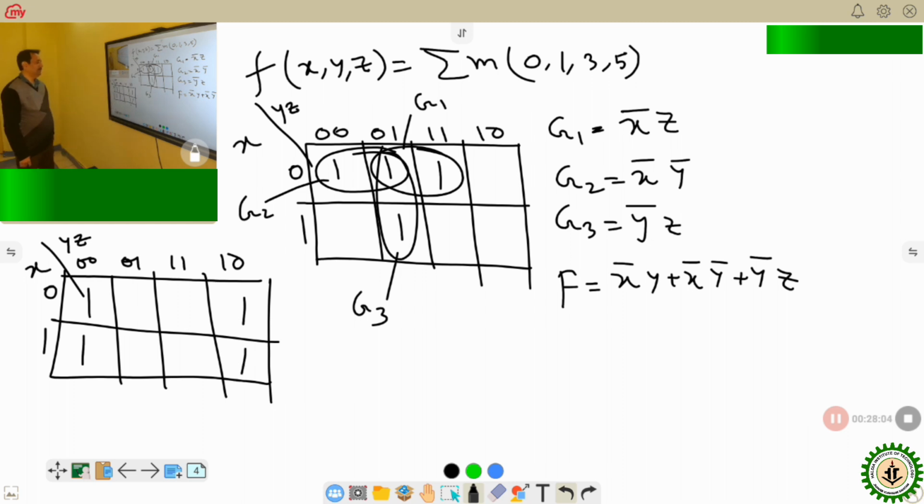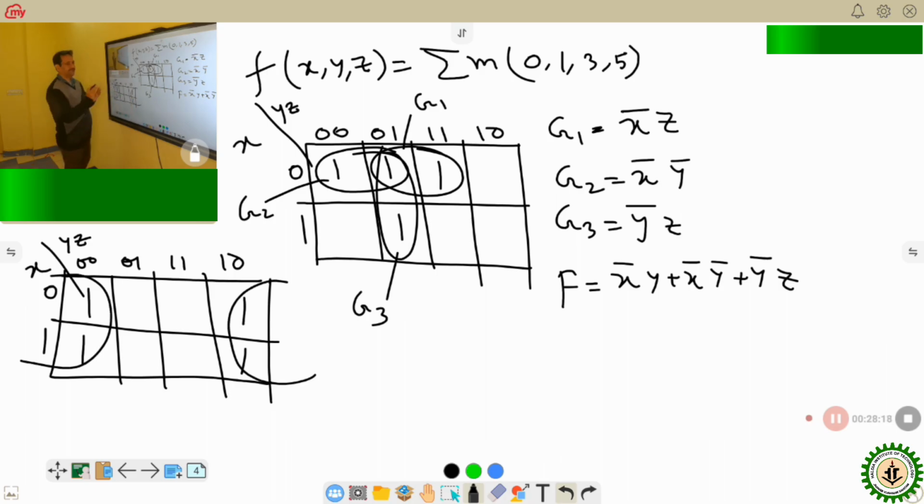So what will be the output? Now if I fold this table, what will happen? This consecutive one and this consecutive one will be in adjacent cells. So it is possible to prepare a big group.